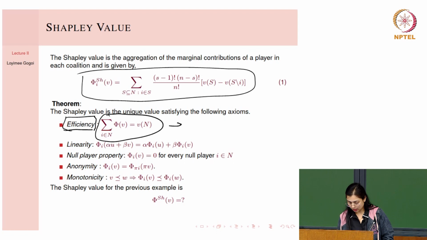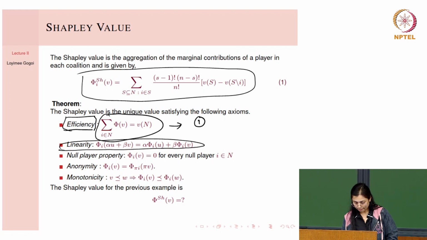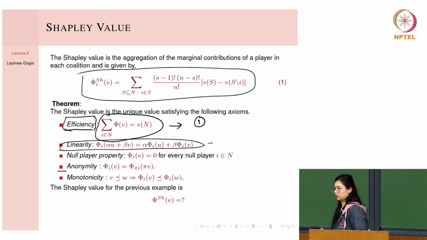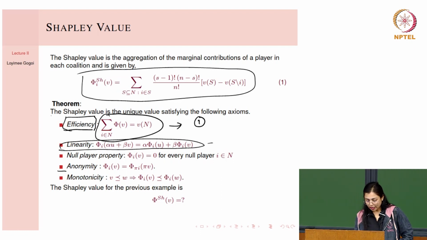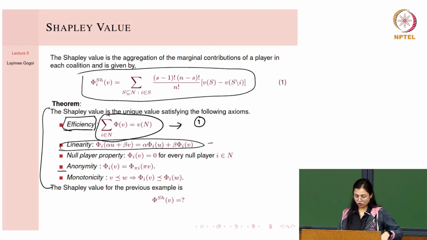This is the first condition. Second, the linearity condition. Third, the null player property, and fourth, anonymity, and also monotonicity. I'll come to this theorem later, but first of all, I want to explain the Shapley value.